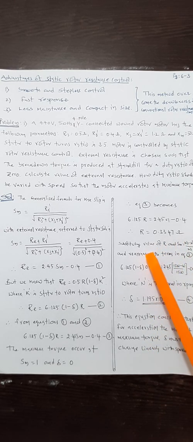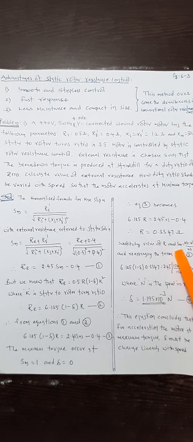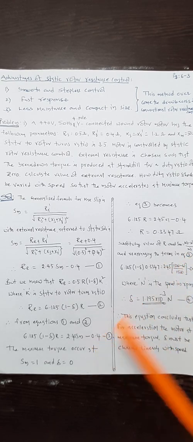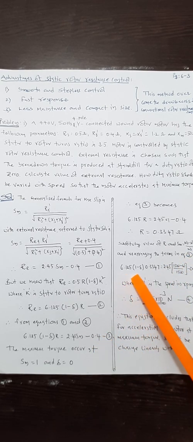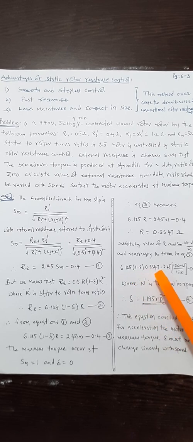Substituting the value of R and Sm equal to (ns minus n) by ns, and rearranging equation 3, we get 6.125 into (1 minus delta) into 0.3347 is equal to 2.45 into (1500 minus n) by 1500 minus 0.4, where n is the speed in rpm. So you obtain the relation between delta and n: delta is equal to 1.195 into 10 power minus 3 n.